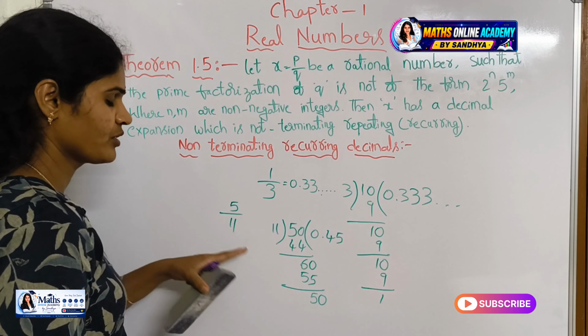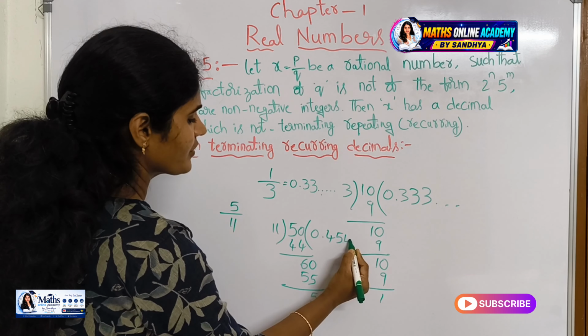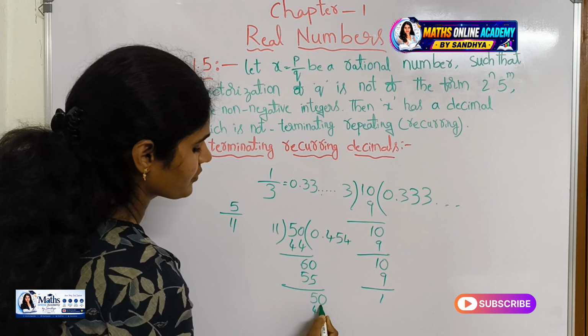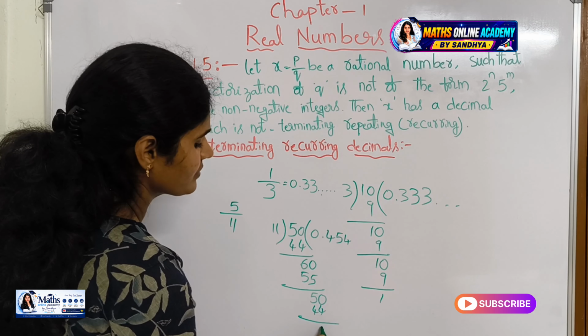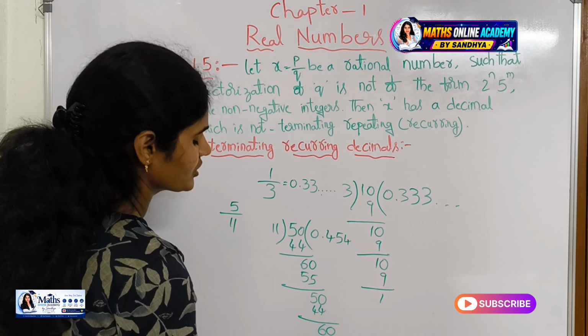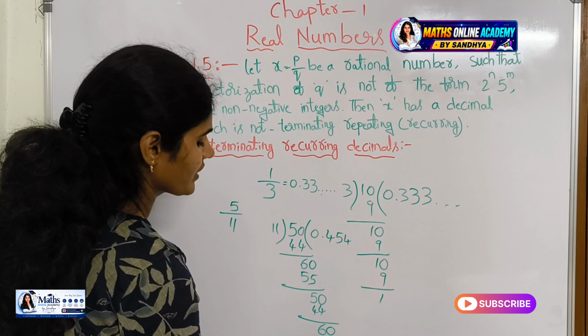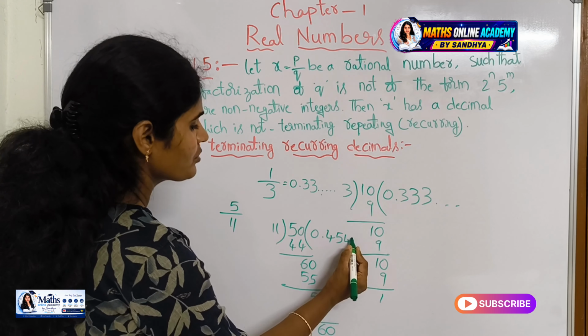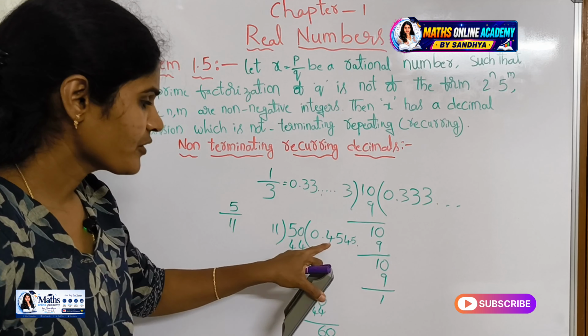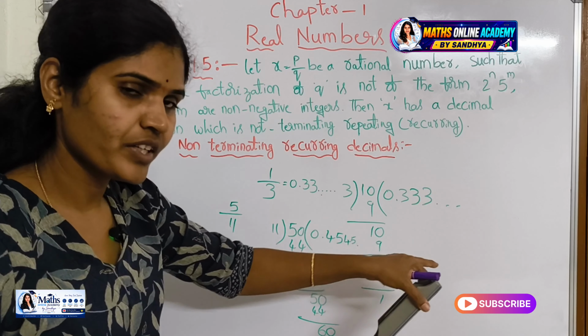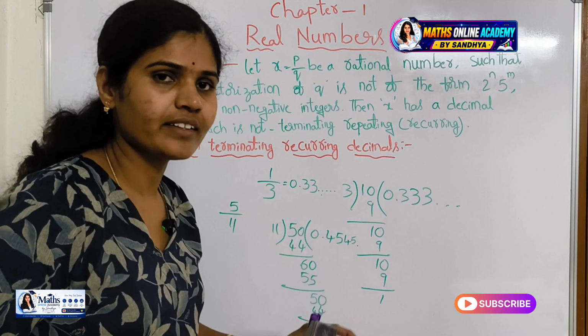Again 0, 11 4s are 44. Again 6, 0, 11 5s are 55. Again 5. So here 0.454545, it's continuing. It's not ending.